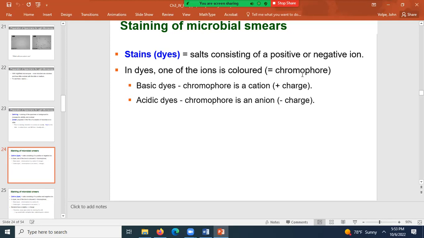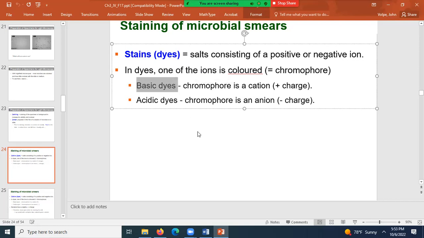If the dye, or we call that the chromophore, is in the positive part of the salt, meaning the cation, the positive charge molecule is carrying the dye, we call this a basic dye. If on the other hand, the chromophore is in the anion, the negative part of the stain, then this is an acidic dye. Any question about any of that?